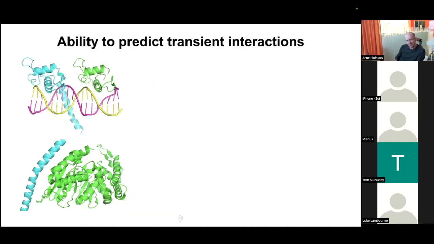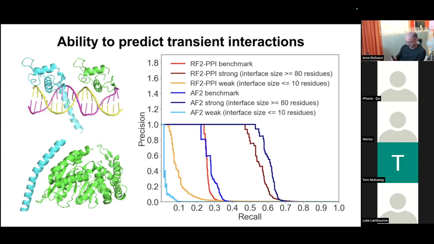Another commonly asked question is how do these things work on transient interactions? We identified likely transient interactions as protein-protein interactions that have very small interfaces from the PDB, and we tried to benchmark how our RoseTTAFold and AlphaFold would behave on PPIs with very large interfaces, meaning stronger, obligate interactions, and PPIs with very small interfaces.